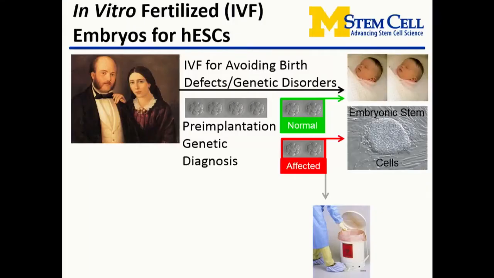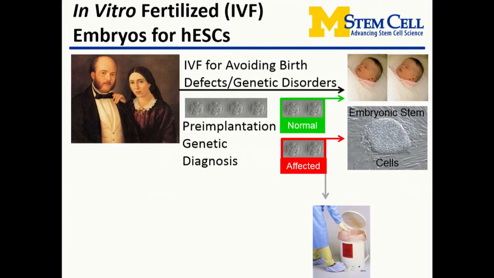The other group that most people don't think about are couples who have already had a child or know they have a family history of a devastating disease. And so there are many of these diseases that we call monogenic diseases, known to be caused by one single gene mutation or a few gene mutations.